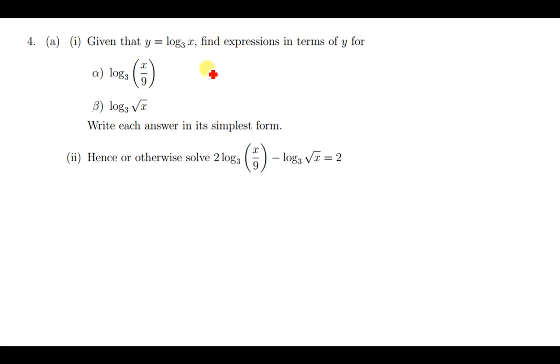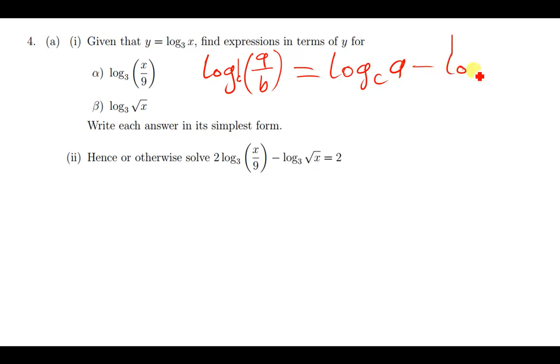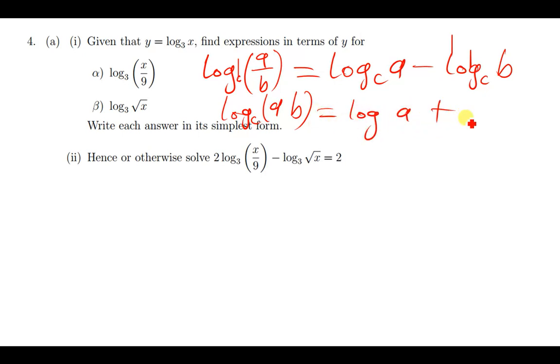So if you have, for instance, log a over b, base c, this is just the same as log a base c minus log b base c. Then if you have log a times b base c, this is just the same as log a plus log b. Of course, they all have the base c.